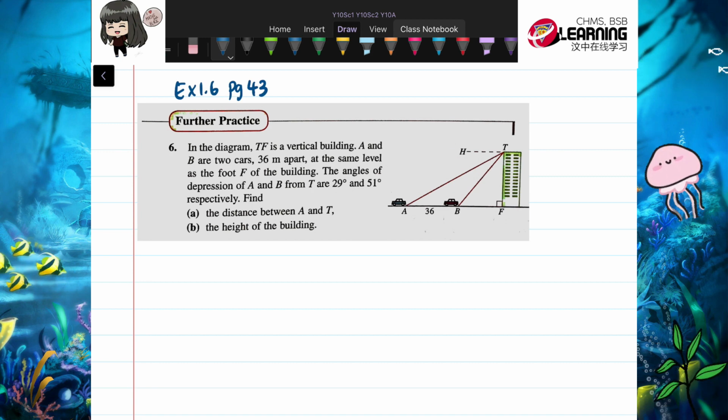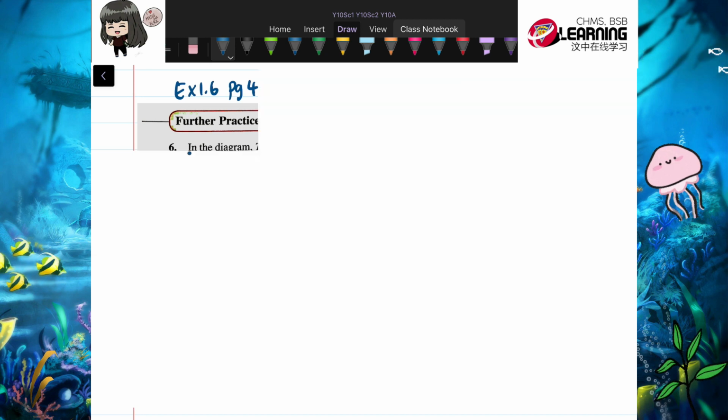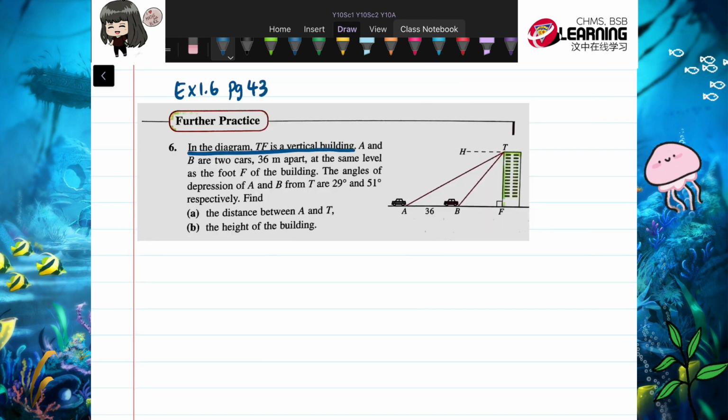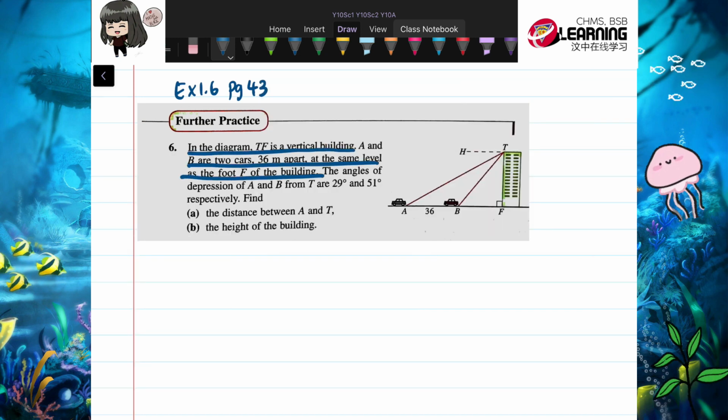For this question 6, look at this. In the diagram, TF is a vertical building. A and B are two cars 36 meters apart at the same level as the foot F of the building. The first and second sentences already tell you it's in the diagram.